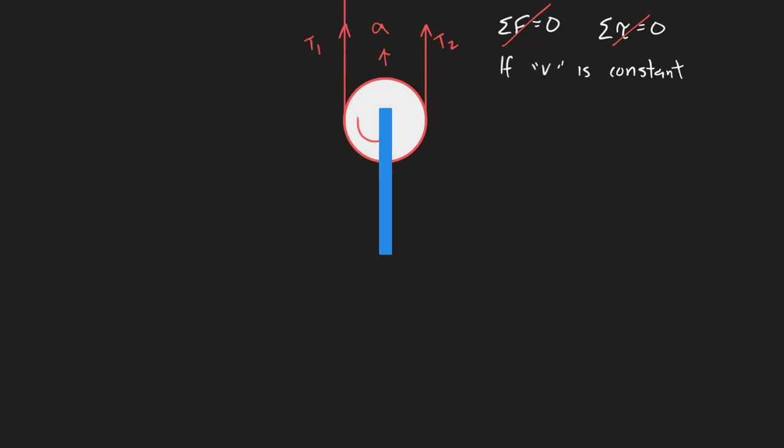A real pulley would have that circle mounted in the middle and would have a hook on the bottom of it. And the hook would be used to maybe lift some other object. So we'd attach some weight to it by a string. This is how a real pulley system functions.